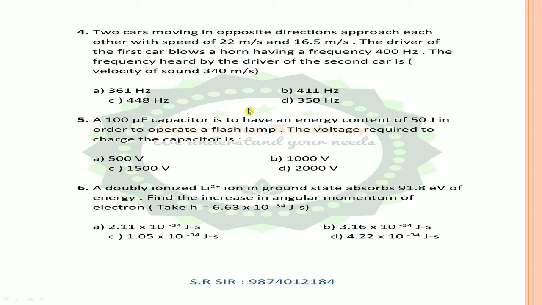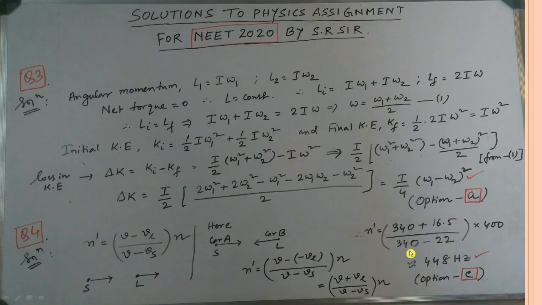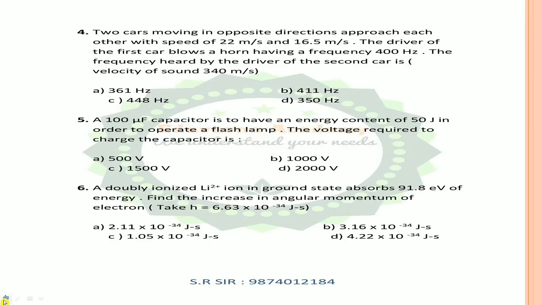So with that in mind, we have taken vl and vs as 16.5 and 22 respectively, and n is 400, the frequency of the sound emitted by car A, the source. After calculation, we get the value of n dash, the apparent frequency heard by the listener, car B, as nearly 448 Hz. So this matches with option C. This is the correct answer.